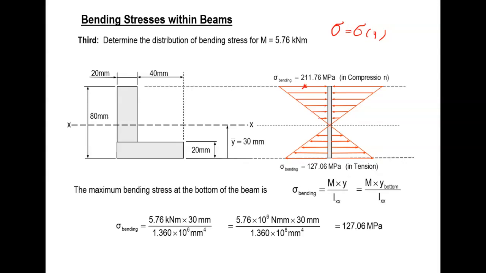So the largest is here, 0 is here, and it changes direction over there. Therefore, linearly, it goes from positive to 0 to negative. Here, neutral plane, 0 normal stress, maximum here, second maximum here. First maximum, second maximum.